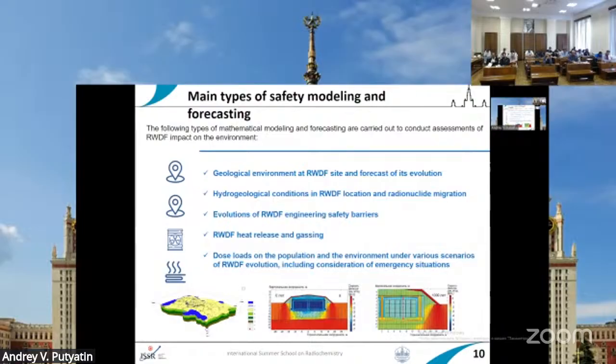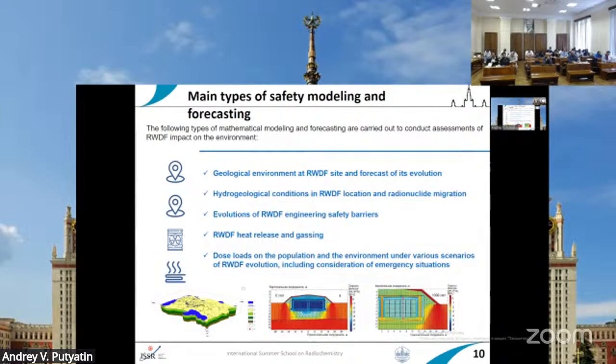So if you have alpha emitting radionuclides, sooner or later you will have a lot of helium. So this overpressure is also included in the scenarios.